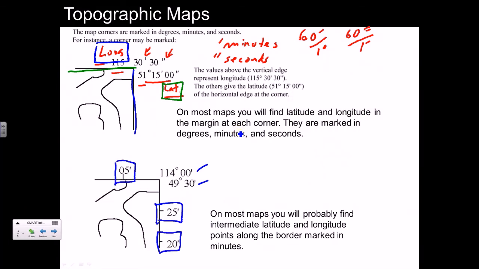And if we were to look at these and try to read them, what this says is that there's an additional 5 minutes between here and here. So if I read east to west, this is going to be 114 degrees plus 5 minutes. So I've gone from 0 minutes here to 114.5 there.